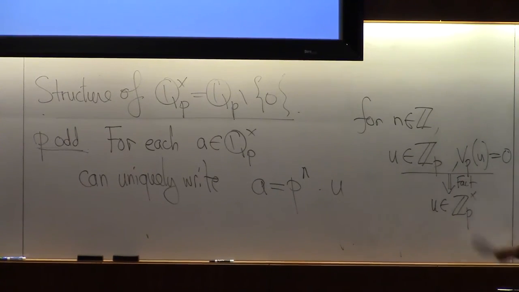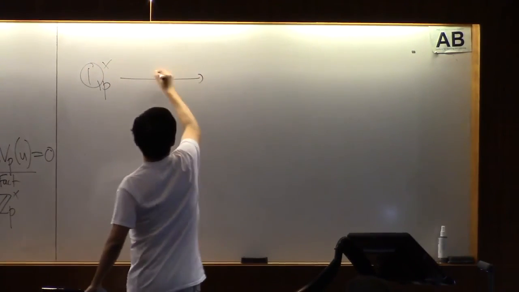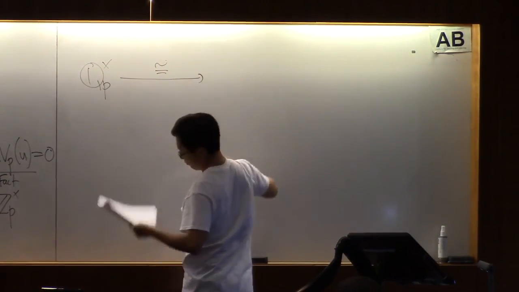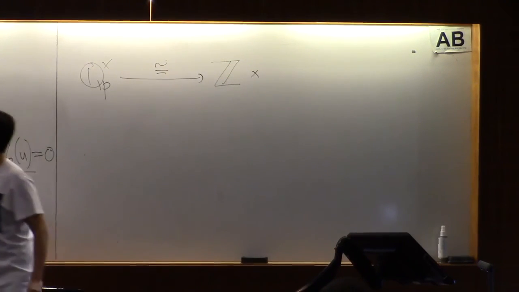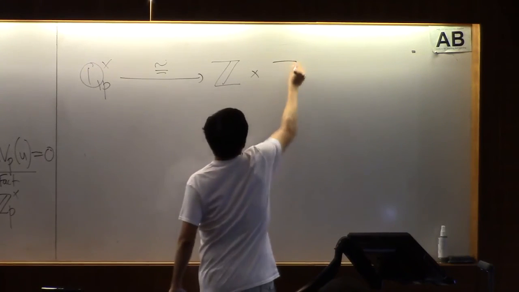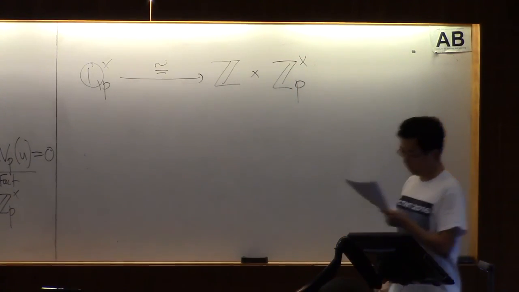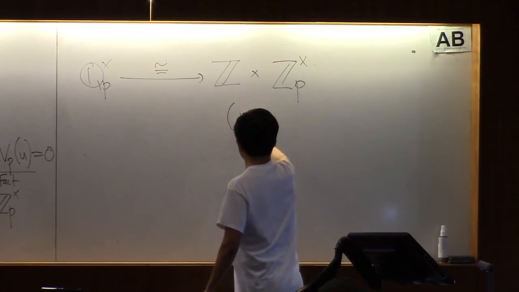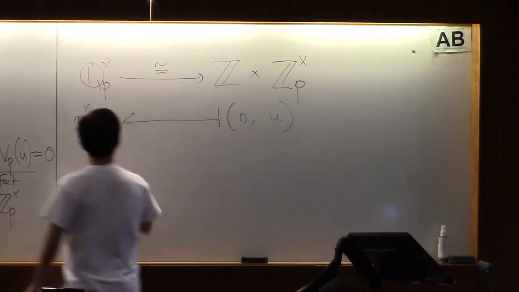So with this, I can therefore write Q_p cross as Z times the units, just reading off this n, and the other part is the invertible elements in Z_p. The map we get is that you have a pair n and u, and you send it to p to the n times u.